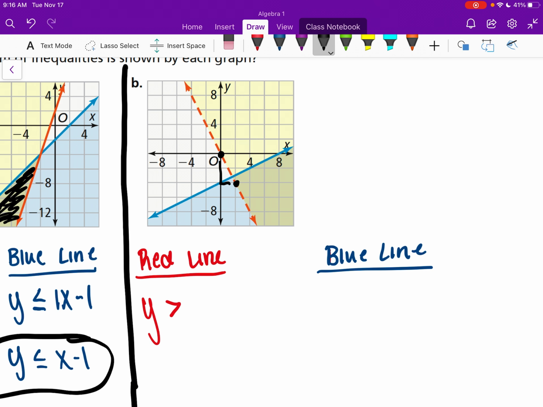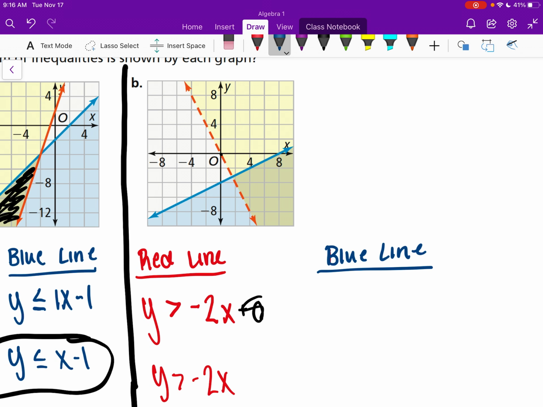How many do we go down? We go down 1, 2, over 1. So we went down, so that's negative. That's going to be -2x. And let's find that y-intercept. We already found that. That's right here at 0. We're not going to say plus 0. We don't need to write that. So that equation is just y is greater than -2x.